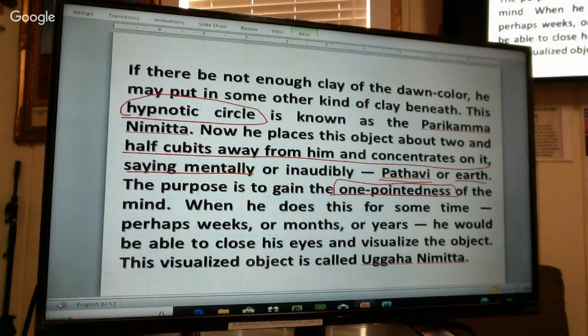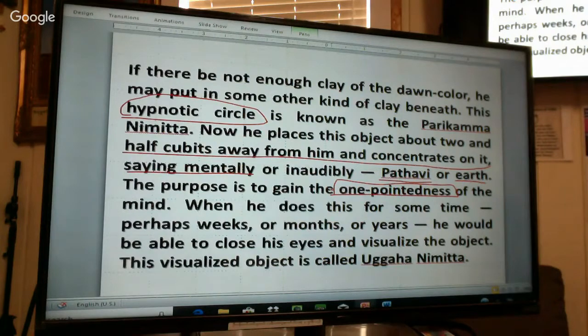Kala Kasina is Nila, Pita, Lohita, Odata. 4 kinds only. Nila means brown. Pita means yellow, a golden color. Odata is white.